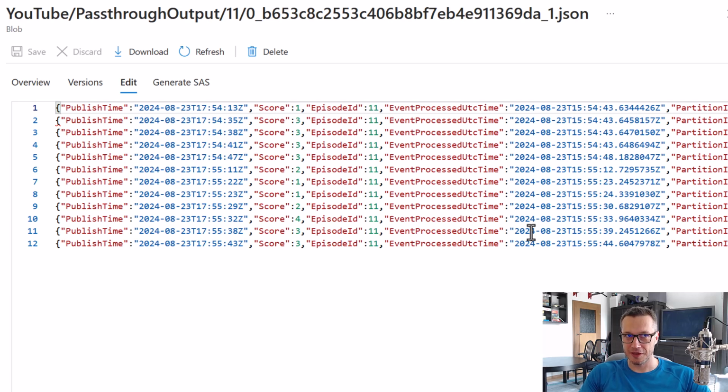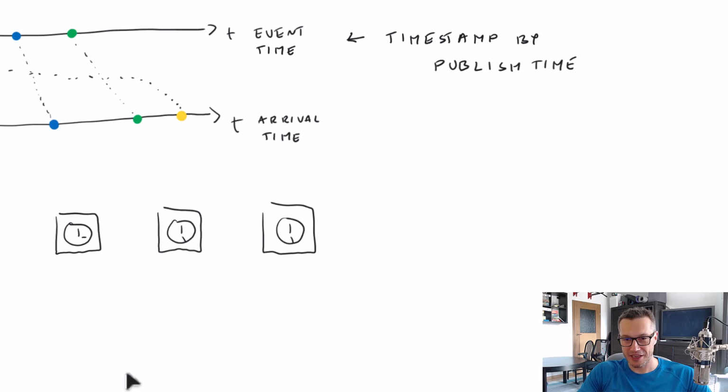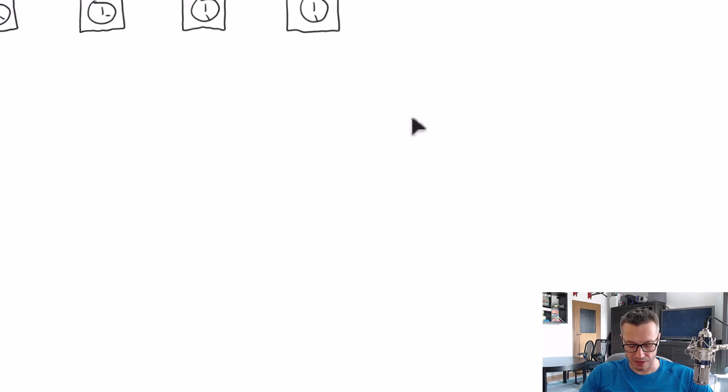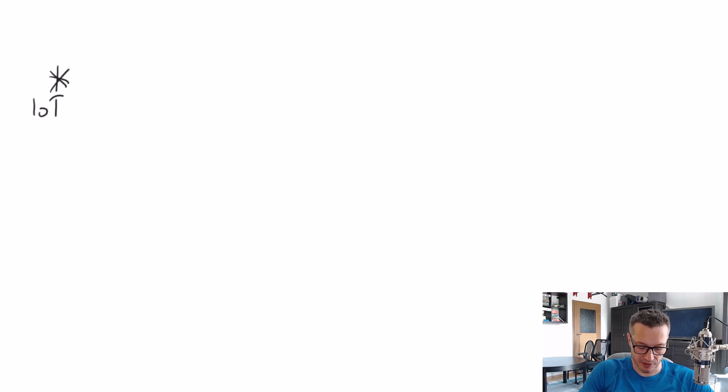All right, so let me repeat those various times on a diagram to help you understand where those times are used and how they are used. So again, let's redraw our architecture. We've got different producers like IoT devices, some streaming, and so on, whatever.